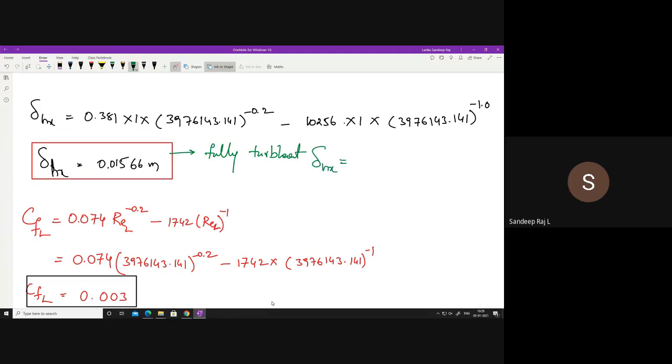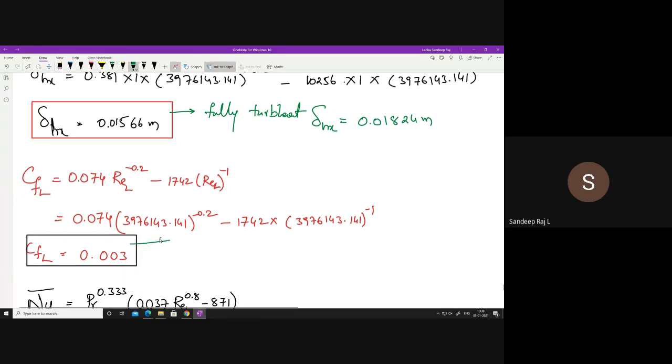Move to the previous problem and you will find it. 0.01824 meters. Can you find out the difference? See, if it is fully turbulent, the delta Hx is a bit more. Okay, so that's the difference.